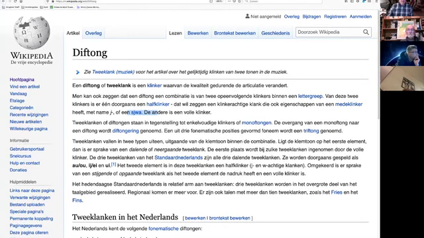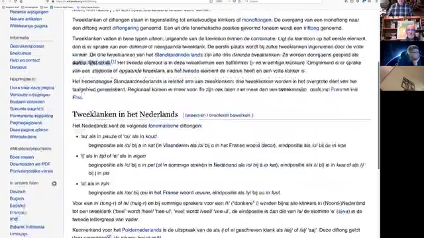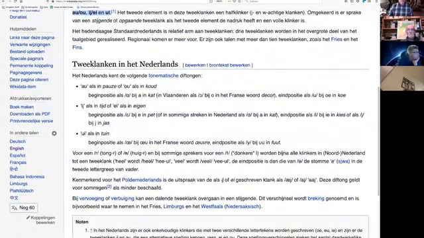Nou, wat zijn nou de twee klanken in het Nederlands? A, U, O, U, I en ui. Dat zijn twee klanken. Dus dan weet je, als we nu de les over diftong gaan hebben, dat je dus de fonetische diftong, au, ei en ui. Ja? Dan weet je dat het dus gaat over 2 klanken in deze les.